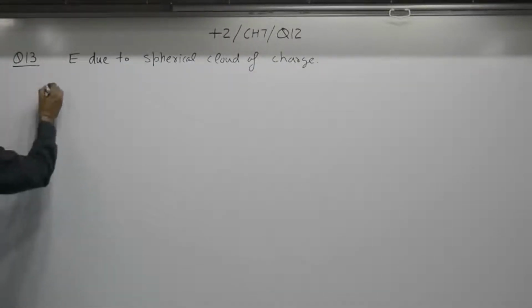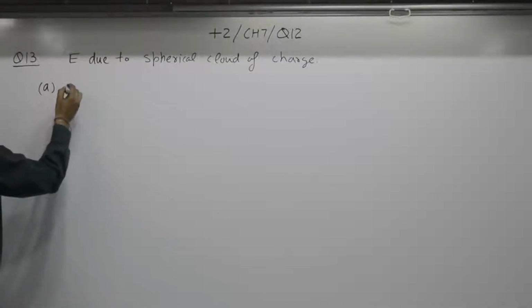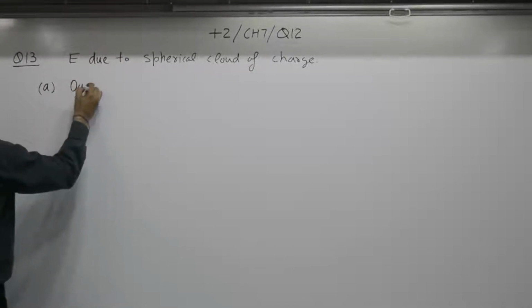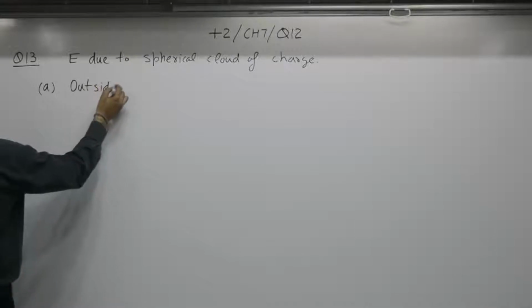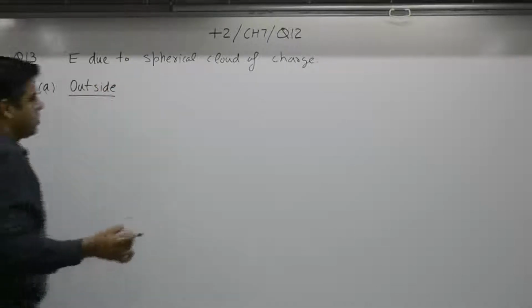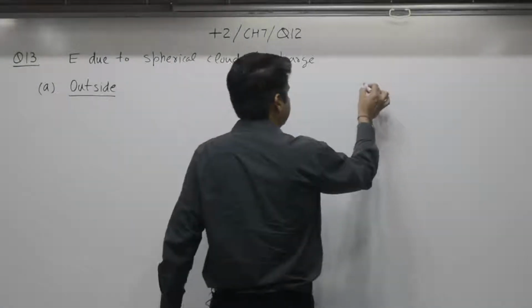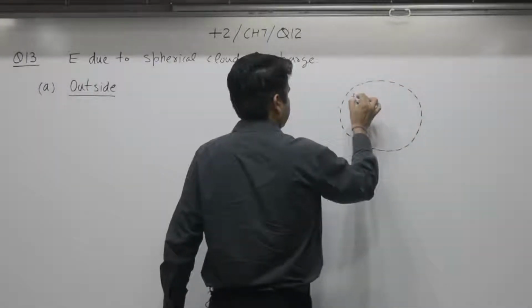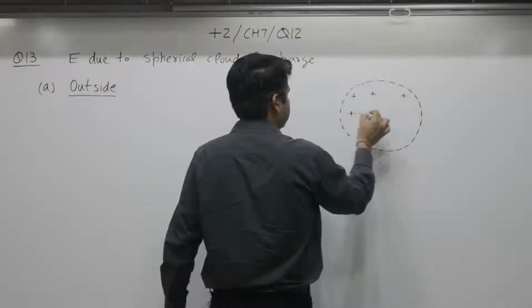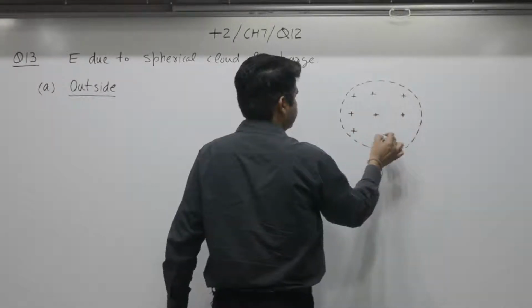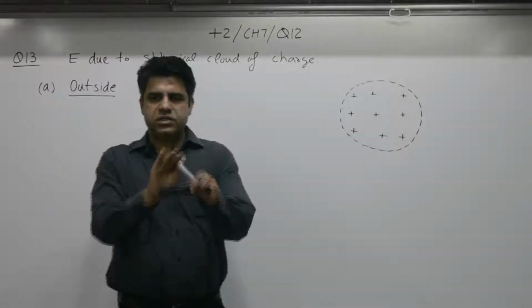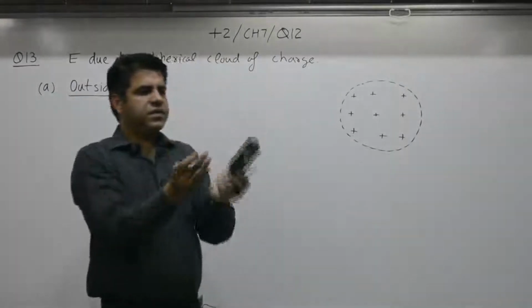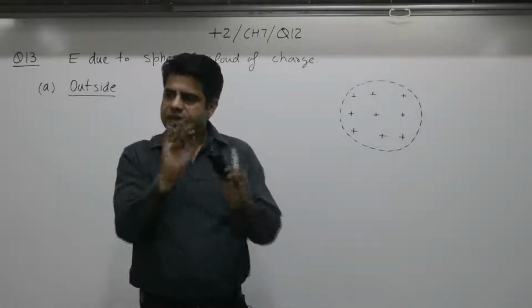First part deals with what? Inside or outside? Outside. Let us first define the problem. A cloud of charge. When I say cloud, it is uniformly distributed charge. Charge is distributed in a sphere throughout its inside, that is volume distribution.